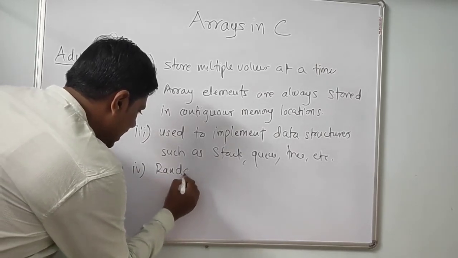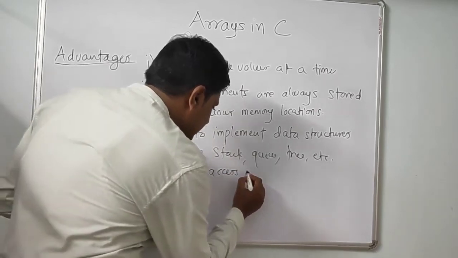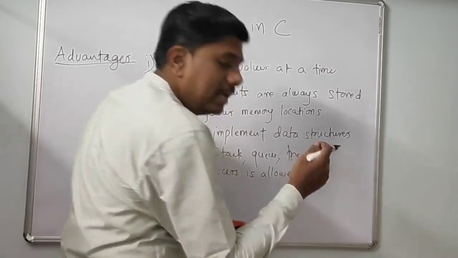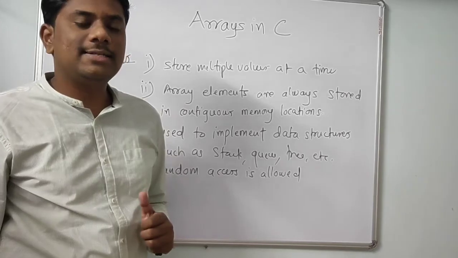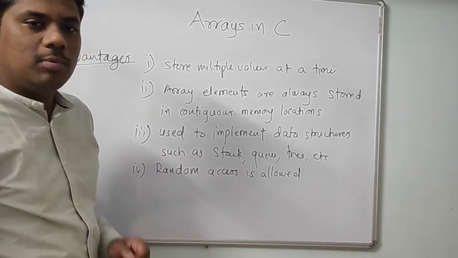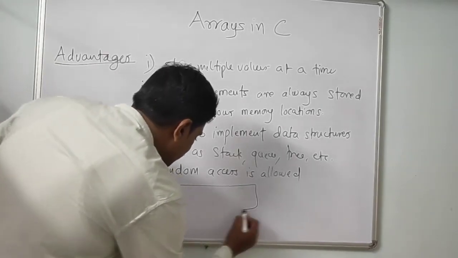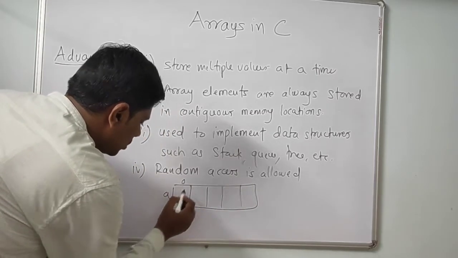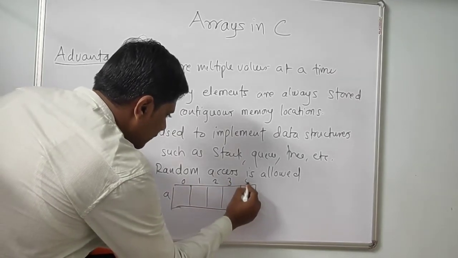Next advantage is that random access is allowed in an array. In a linked list, random access is not allowed because a linked list is not an indexed data structure. But an array is an indexed data structure because every block has an index. Array index always starts with 0, so 0, 1, 2, 3, 4.